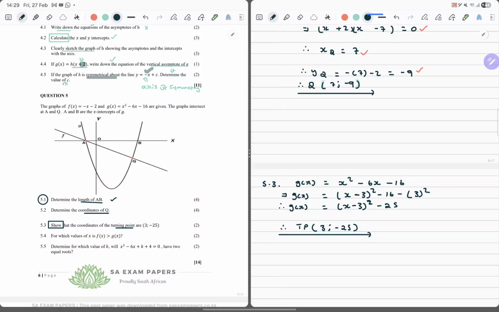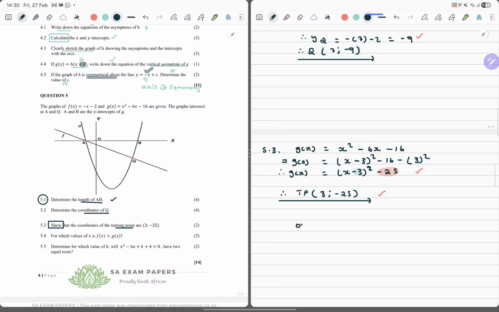Nice and easy. So basically we just change the sign of what is inside the bracket and we take this as it is. Now folks, writing this in the vertex form is a mark, and then getting those two coordinates. Although they were given, we still get our marks. In fact, it looks like we're getting just 2 marks. Okay, we can say fine, 1 mark for the whole thing.